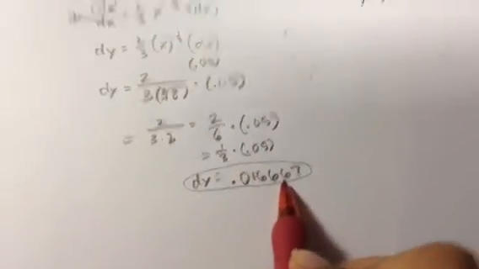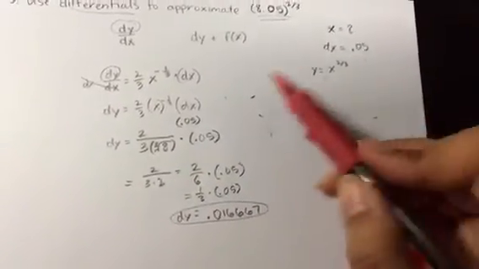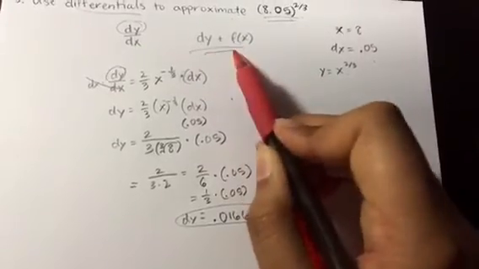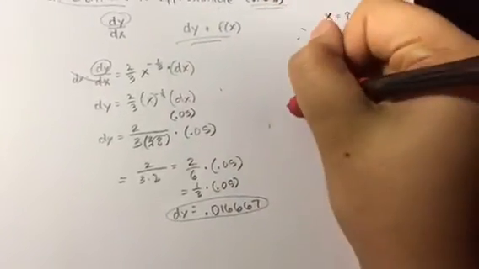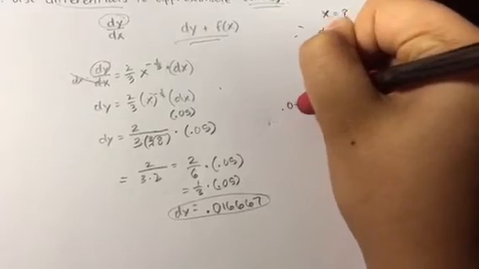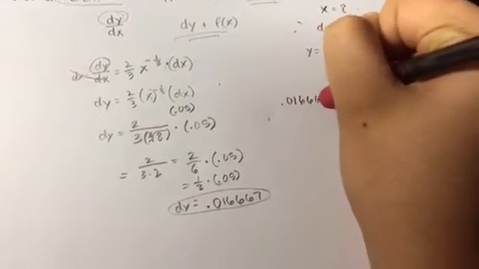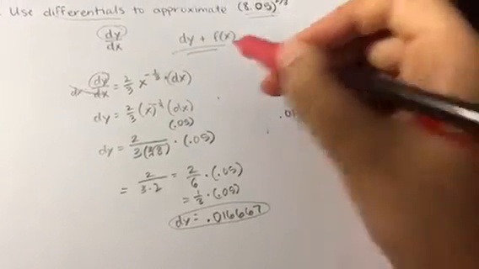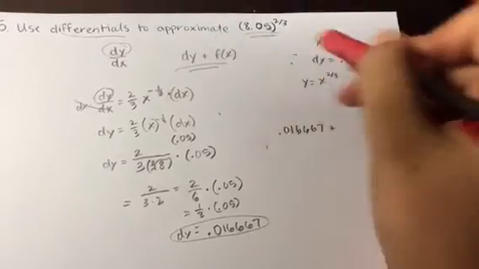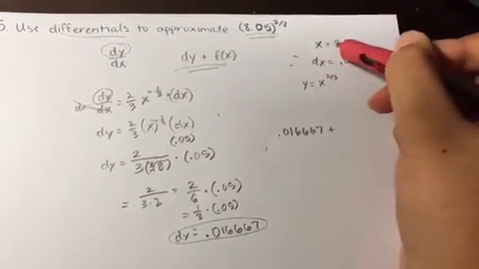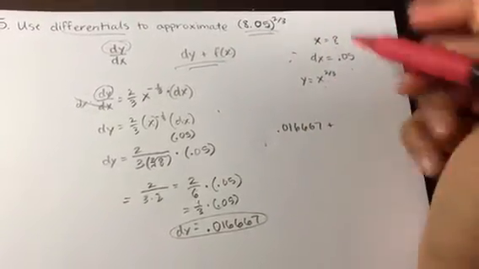So you use this to plug it back into step 2. So dy is 0.016667 plus f of x. So we have x equals 8, so we plug 8 into the original equation.